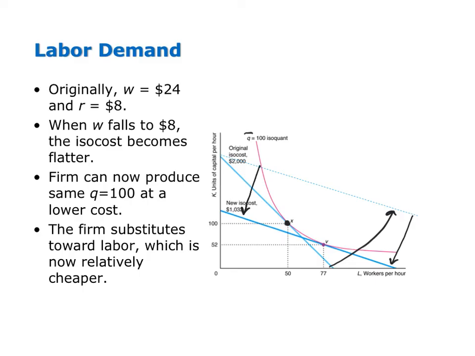And so the isocost line, after swinging out, comes back in a parallel way, and the firm moves from bundle X along isoquant Q equals 100 to bundle Y along the same isoquant, thereby substituting towards labor and away from capital.